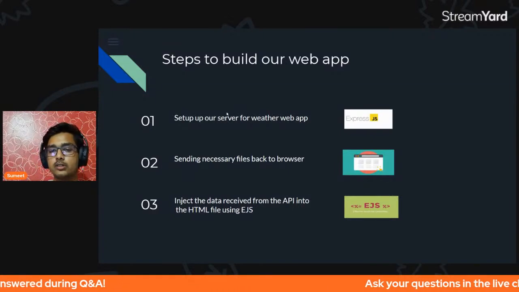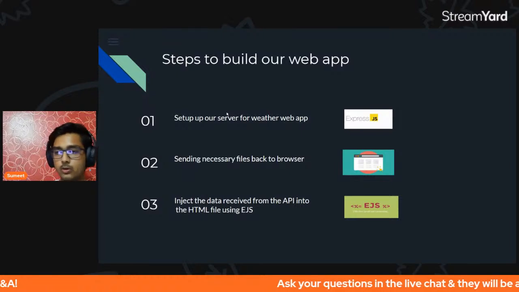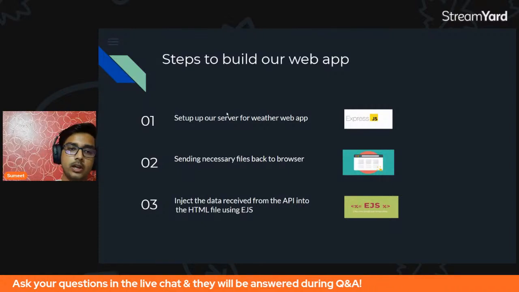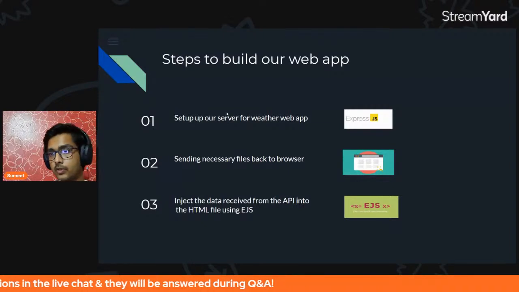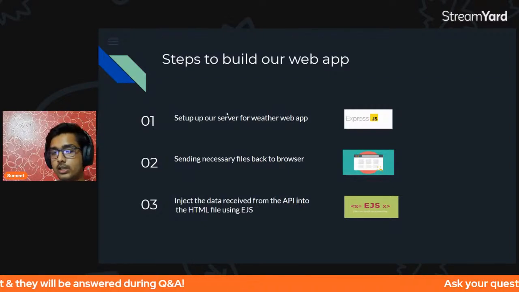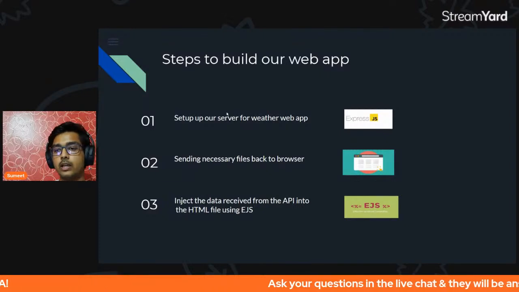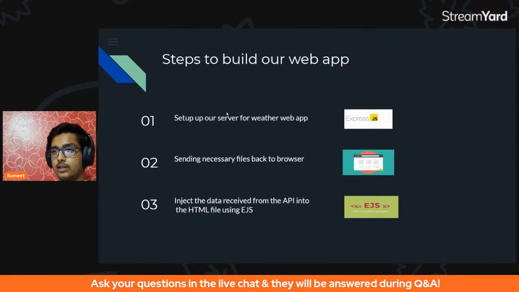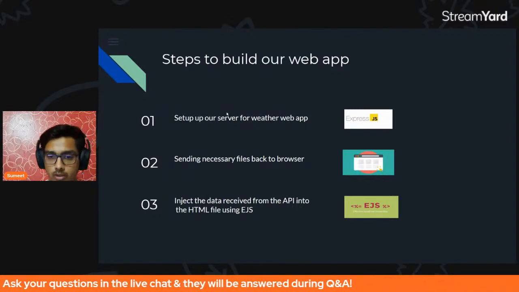And we will create a simple web app without any styling, so that the basics of Express.js and Node will be clear to all. And in the second part, we will learn about EJS, what template engines are, and we will make our website look more attractive by sending the CSS to the browser.